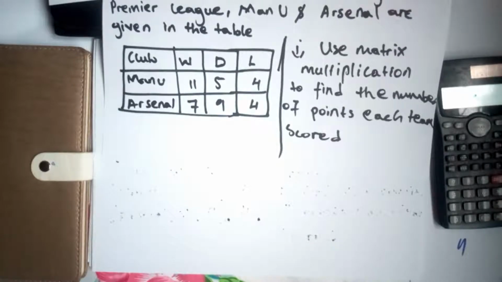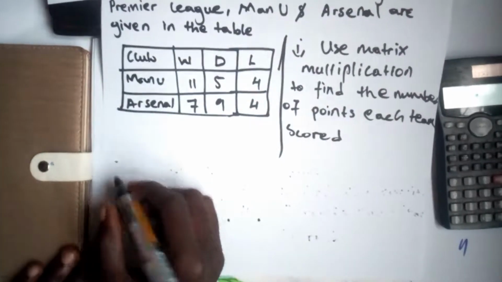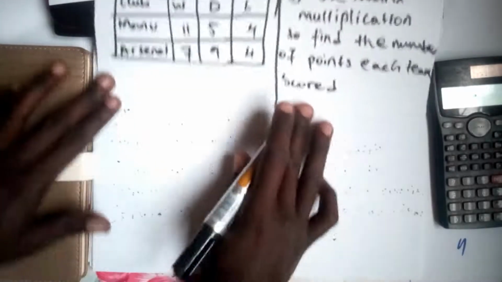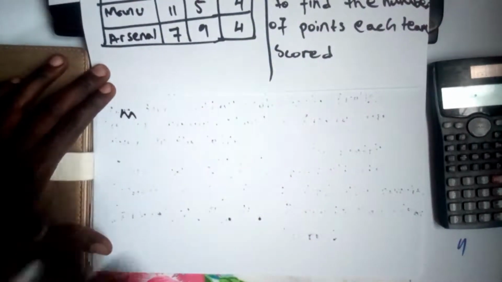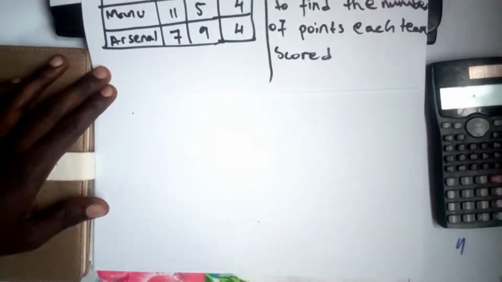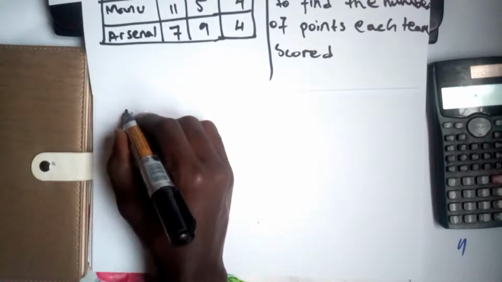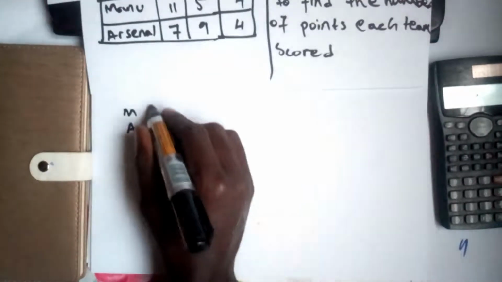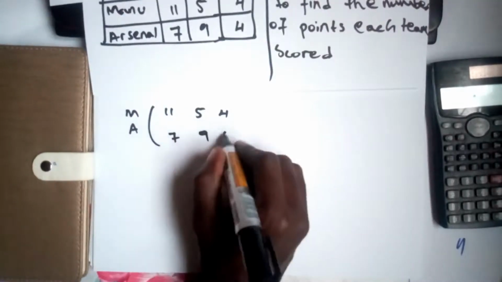So the matrix for the above information in the table can be got as Manchester and Arsenal. We have 11, 5, 4, 7, 9, 4.